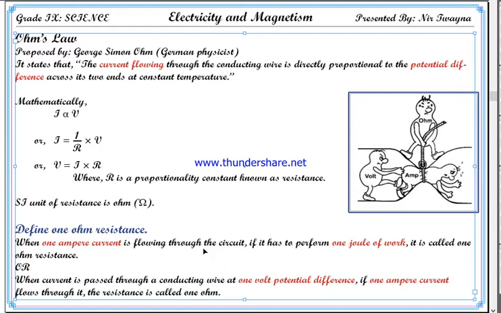So you can define 1 ohm resistance as when 1 ampere current is flowing through the circuit, if it has to perform 1 joule of work, that means 1 voltage potential. 1 voltage potential is defined as 1 joule of work done by passing 1 coulomb charge.